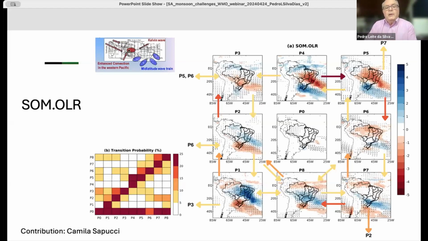Apparently what is happening is that the intraseasonal variability in South America is very complex, in the sense that it depends on the MJO, the classical Kelvin wave propagation along the equator, but it also depends on the Rossby wave trains. When you look more carefully at the Rossby wave trains, there is one that is well to the south, as described in this little picture here.